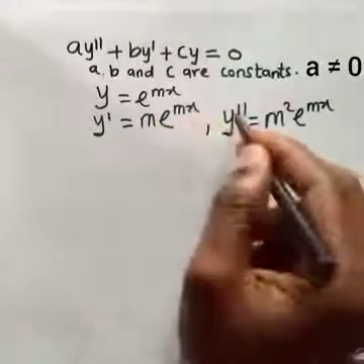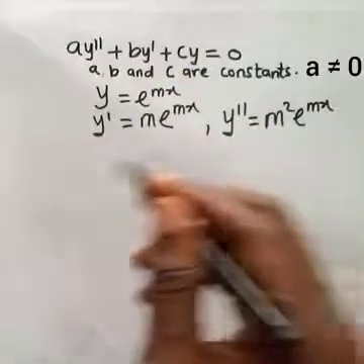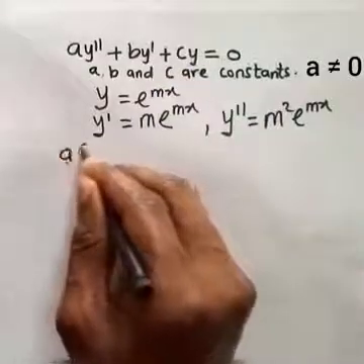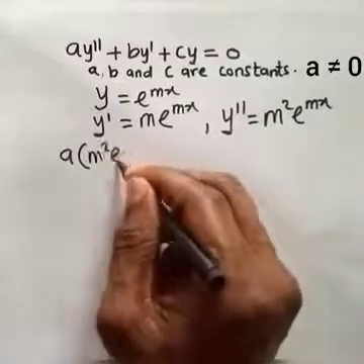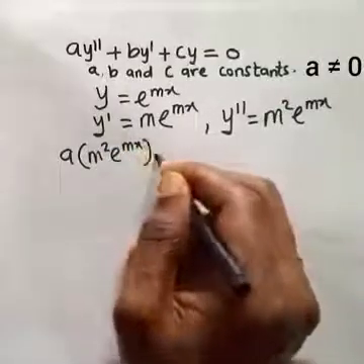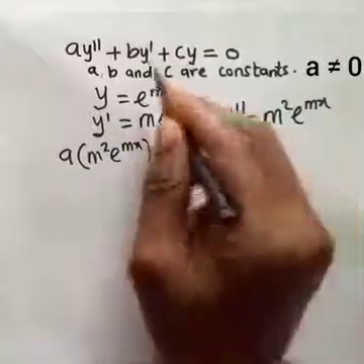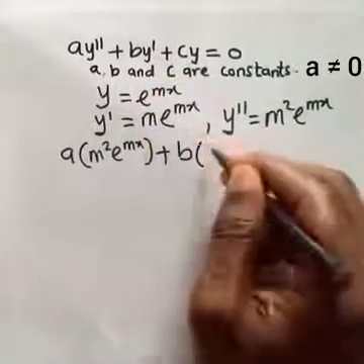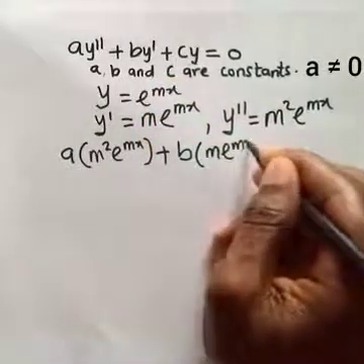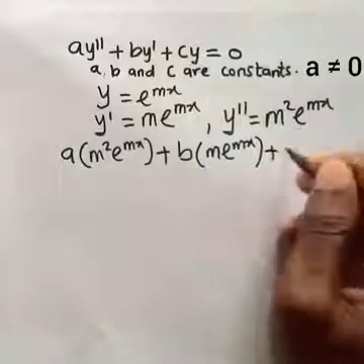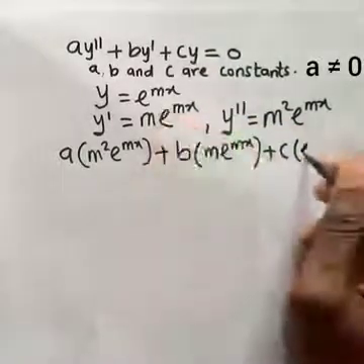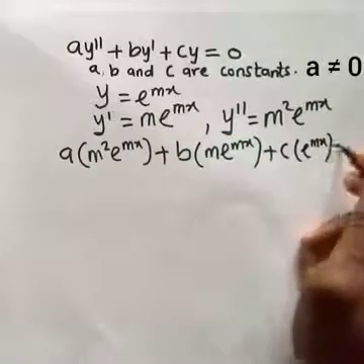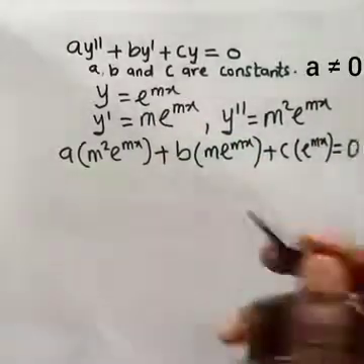Now we substitute this into the given equation to give us a times m² e^(mx), plus b times m e^(mx), plus c times e^(mx), equals 0.